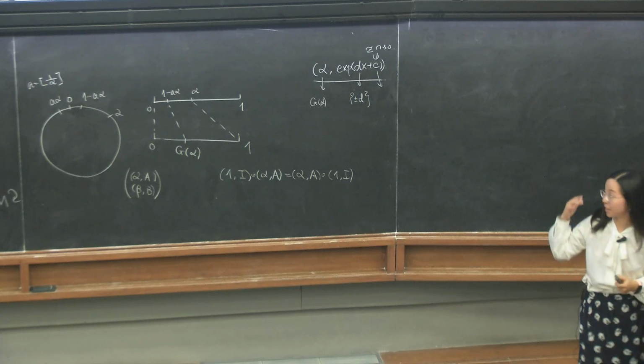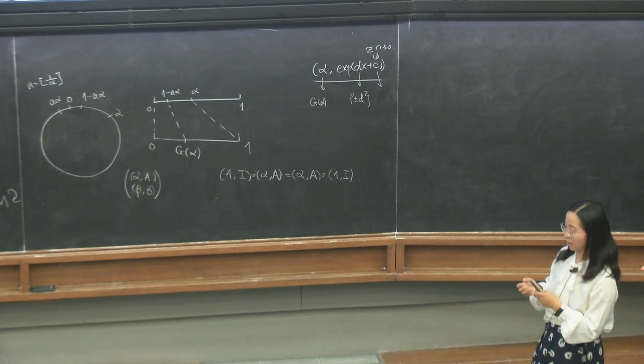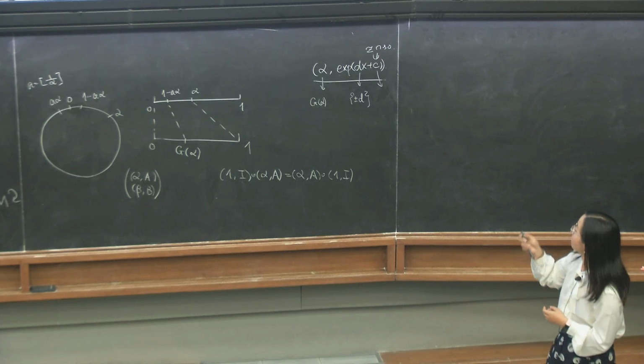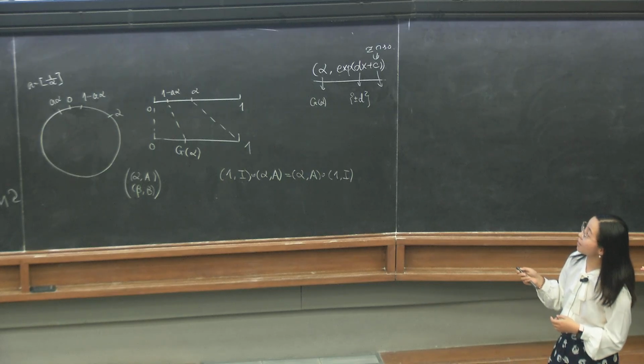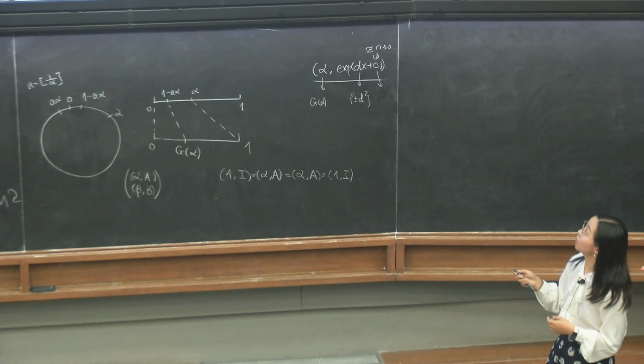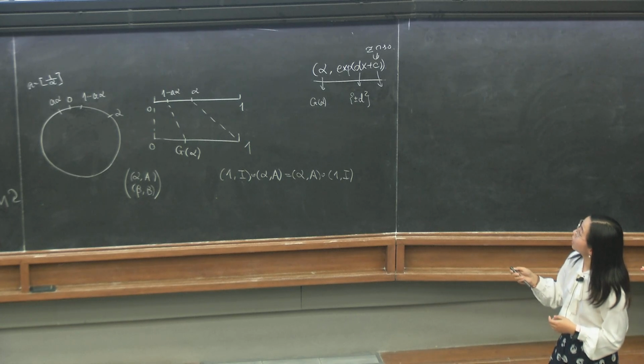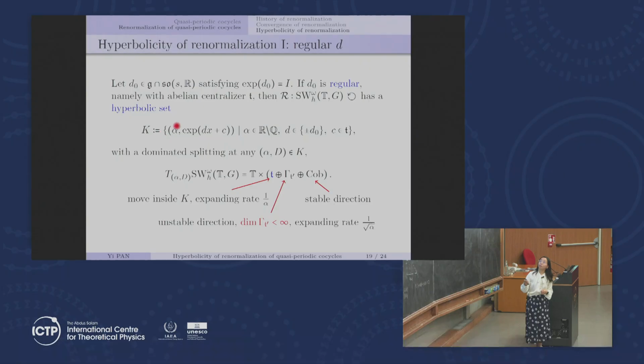So of course the result is naturally depending on the symmetry of D. And we first work with regular D. Regular means the centralizer is abelian, so we denote it by T. And then for the hyperbolic set K, we will take all irrational alpha, and D will be plus and minus D0, and T, since C is also moving around T, we take that into consideration. And then this is our hyperbolic set.